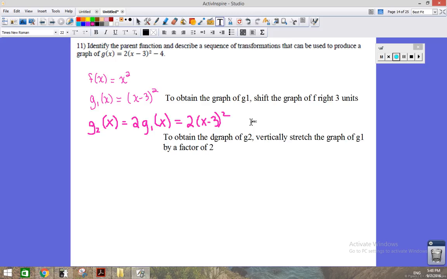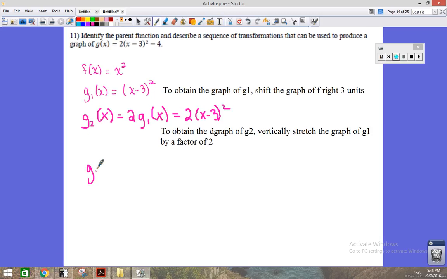So now for our final transformation. So this is actually going to be my final graph G, that I'm going to take from my step 2, the graph of G2, and I'm going to shift it down 4 units. So this G2 was 2 times x minus 3 squared, minus 4.